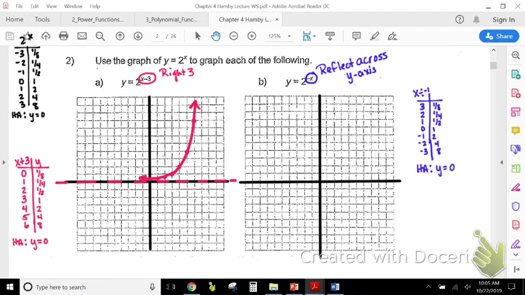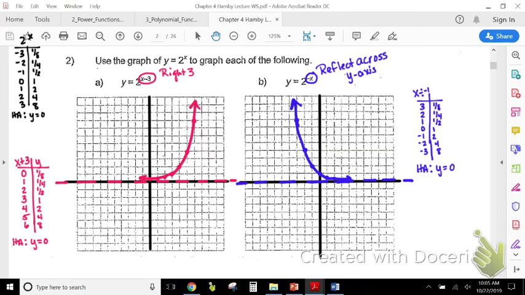No, because it's also a y. And then check it.